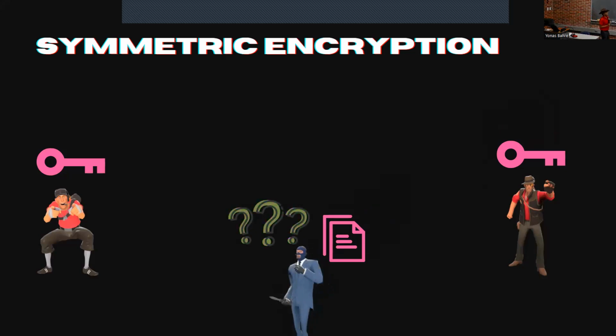Can anyone think of some disadvantages of this method? Yes, Brian. Exactly. For symmetric encryption, typically it's really fast compared to asymmetric encryption, but both of them need to have the same key.